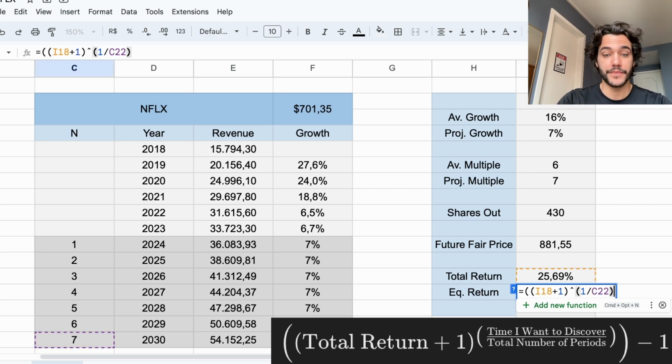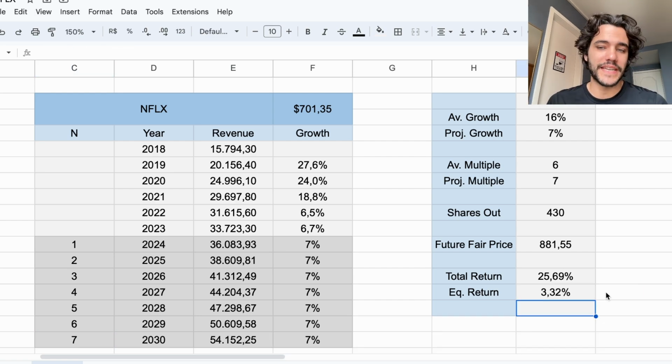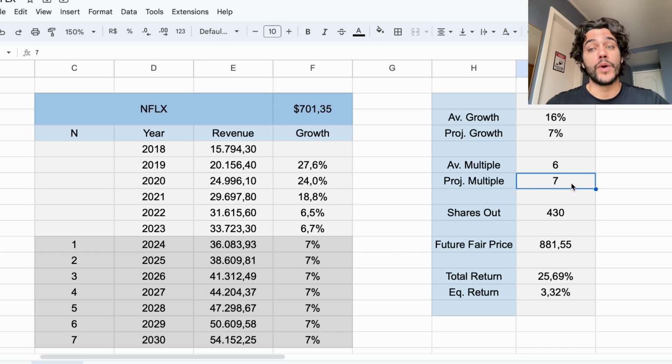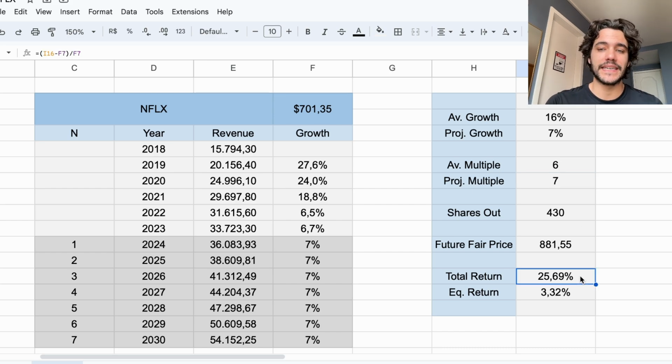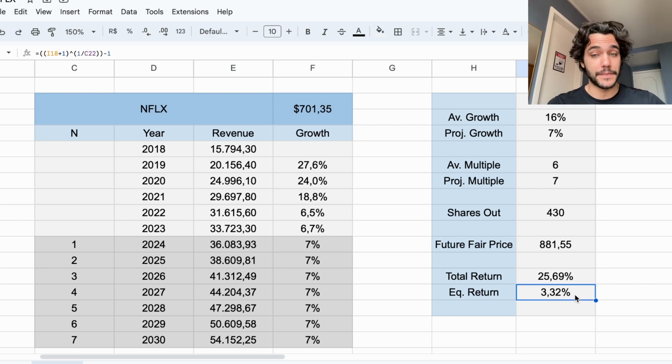Close parenthesis, minus 1. Enter. So now we can see that if Netflix ends up delivering a 7% growth rate on average, and if this stock ends up being traded at 7 times revenue in the future, we would have a 26% total return, which would be equivalent to 3.3% per year. So in this case, would Netflix stock be considered a good investment?